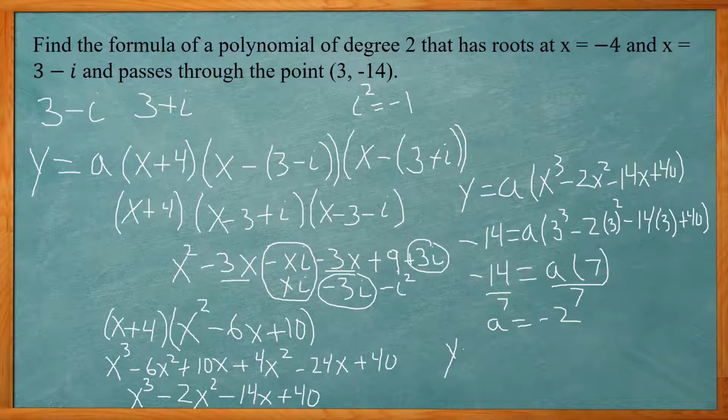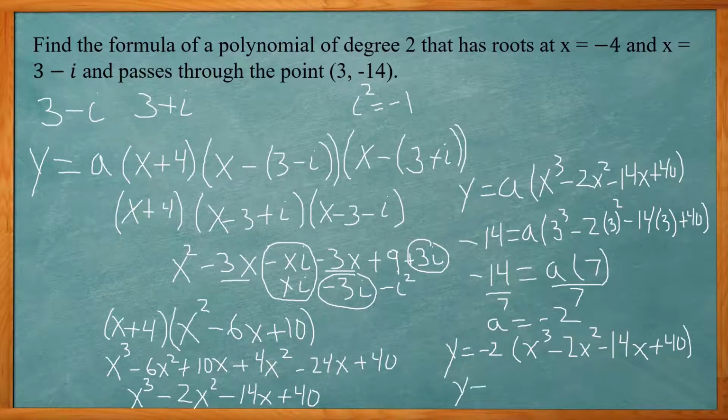So now we have y equals negative 2 times x to the third power minus 2x squared minus 14x plus 40. Then if you distribute the negative 2, you get y equals negative 2x to the third plus 4x squared plus 28x minus 80.